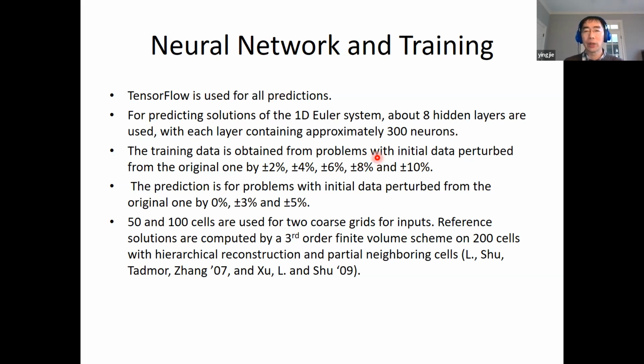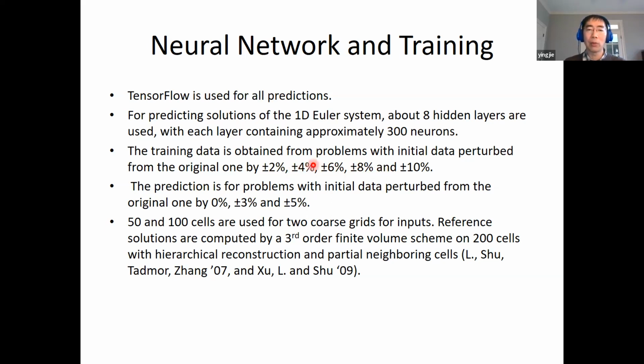We use a reference code, of course, to compute the exact solution. Well, it's not exact, but it's a high resolution solution. And we use this high resolution solution as a reference solution to train the neural network. And once the neural network is trained with this data, which is minimal because it's not much, just perturbed.